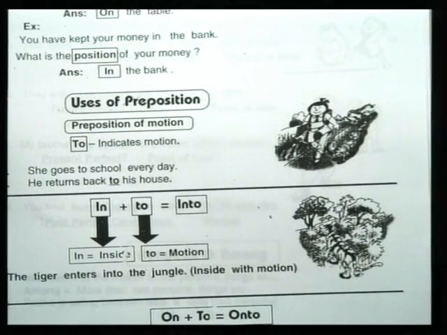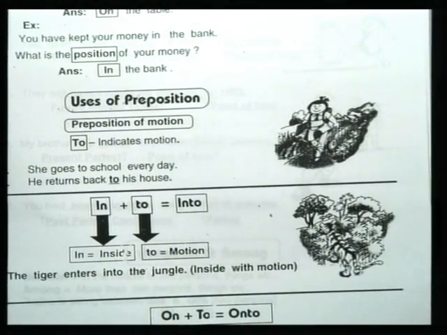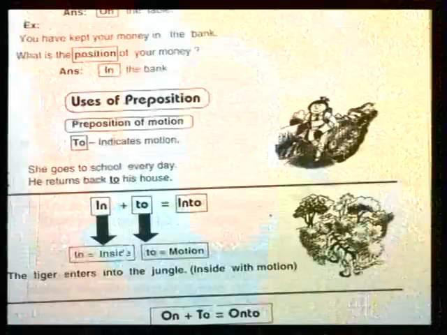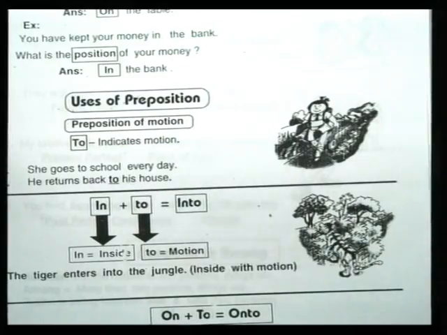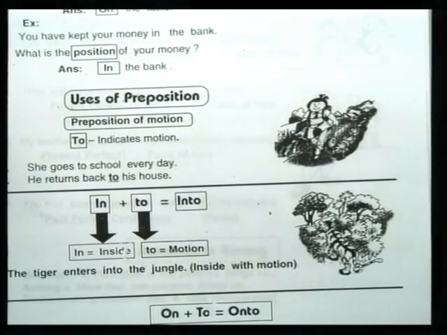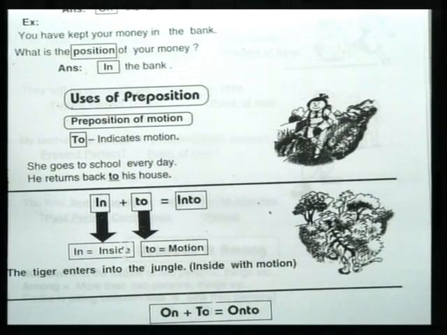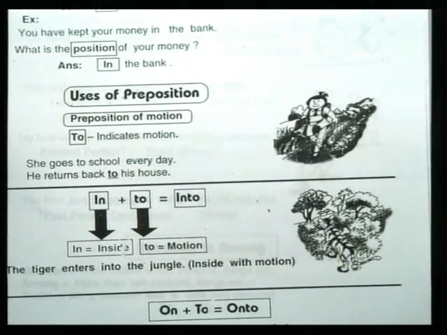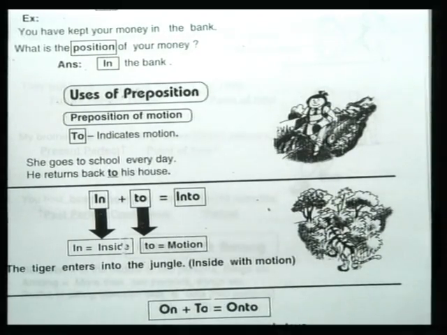The tiger enters into the jungle means inside the jungle, that is with motion. You can also say, please pour the water into the jug. So that is inside with motion.